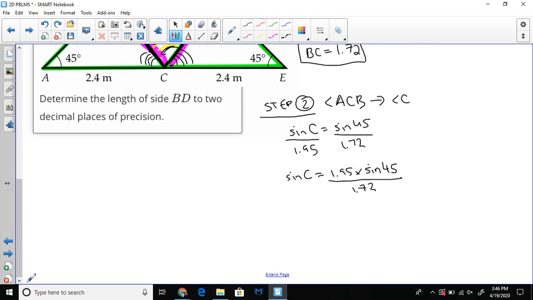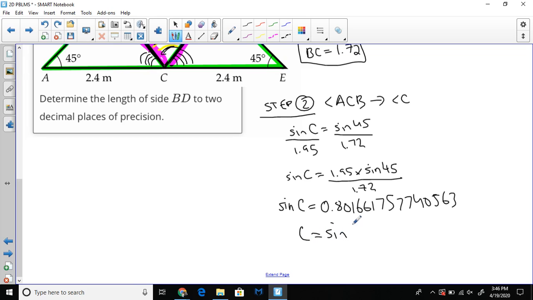Now take out your calculator. I have sine of 45 times 1.95 divided by 1.72. So sine of C equals 0.801661777400563.